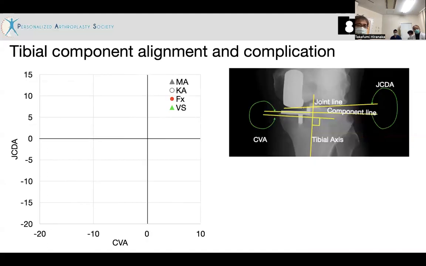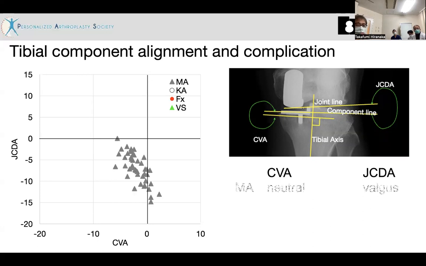Anyway, as I showed several times, we've got two angles of the components. One is against the tibial axis, another is against the joint line.